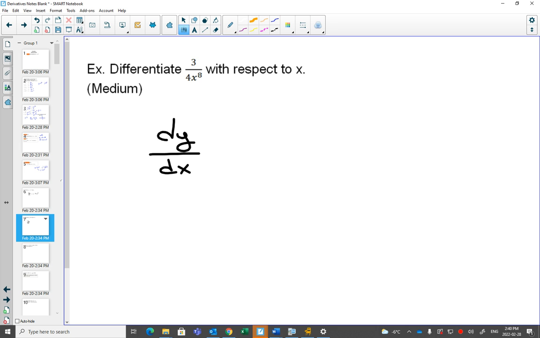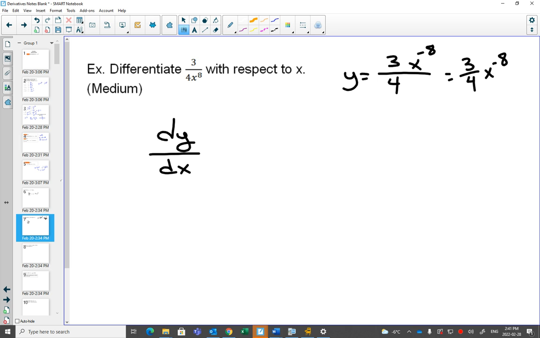But I might first take this equation, and it is a medium one because as a first step, I would take that x to the 8, which is in my denominator, and move it to my numerator. Because that's where your power law works. And can you see that that's the same as just writing 3/4 x to the negative 8?